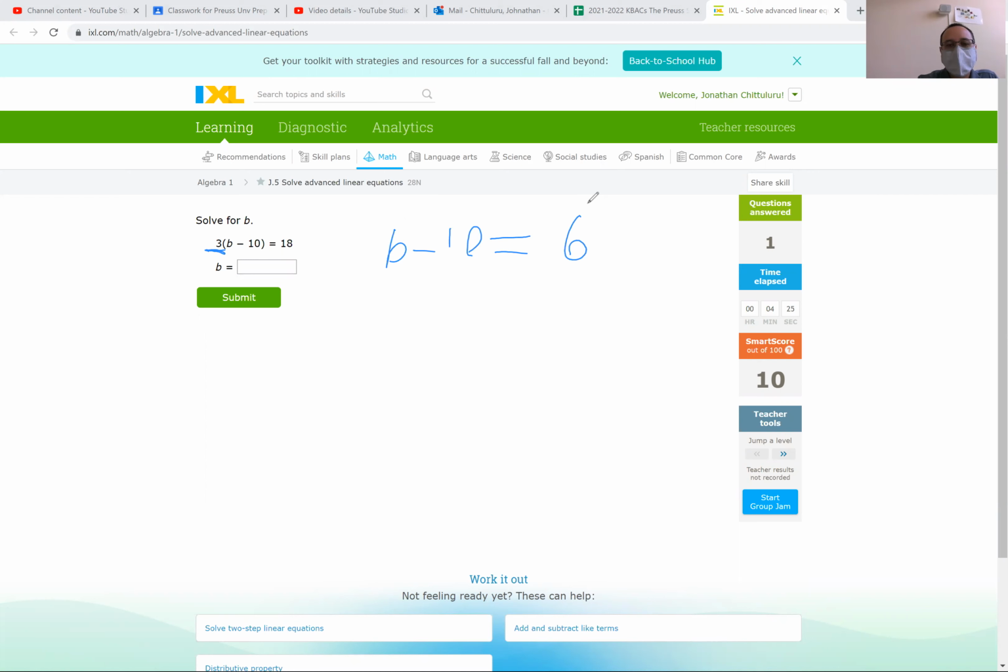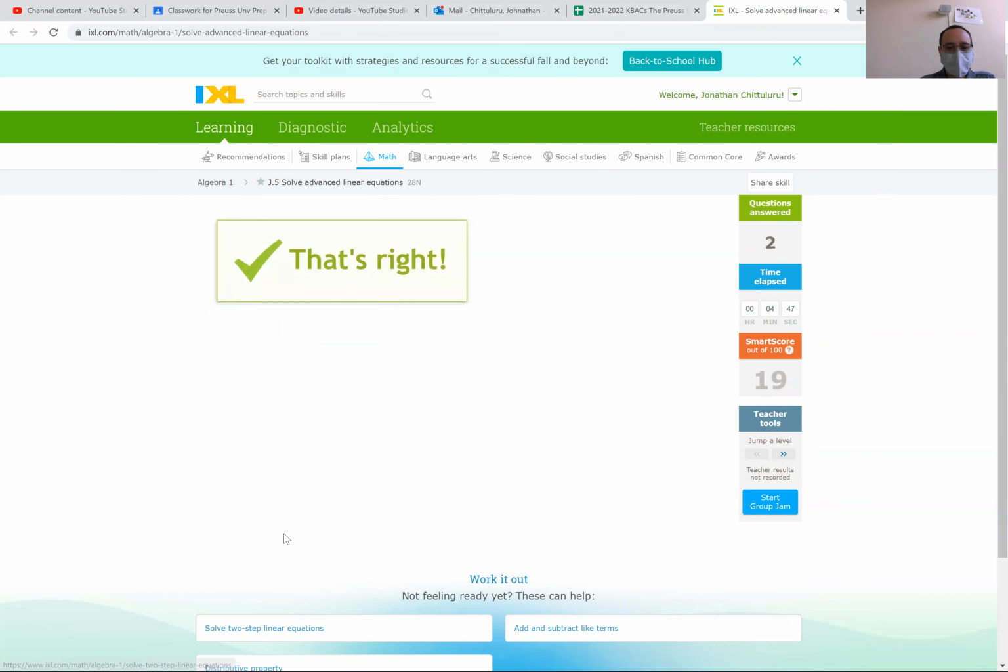Now we're subtracting 10 on the left, so we have to add 10 to both sides. So b equals 6 plus 10, which equals 16. Let's see if that does the trick. There we go.